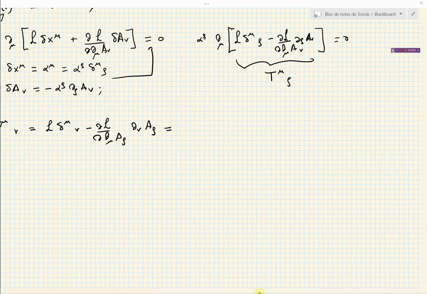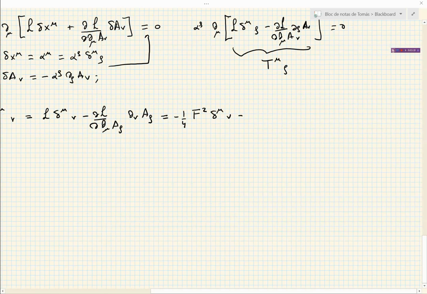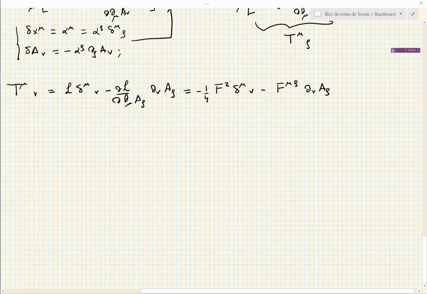L is minus 1/4 F squared, then we have delta^mu_nu minus, and the derivative of L with respect to partial_mu A_rho is minus F^mu_rho, partial_nu A_rho. Sorry, with plus, I think.